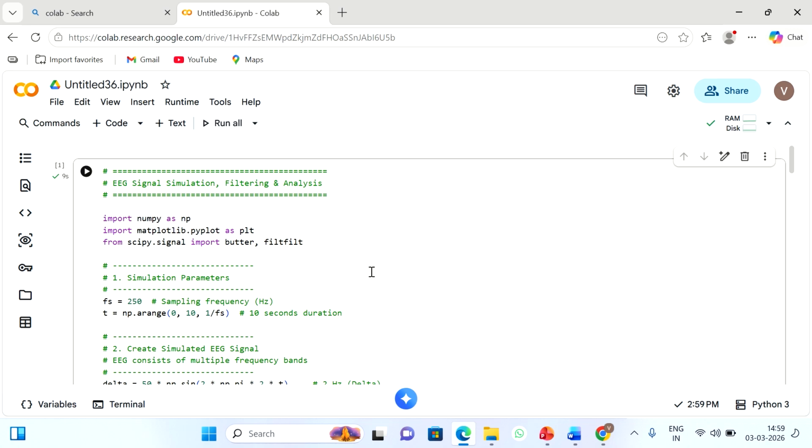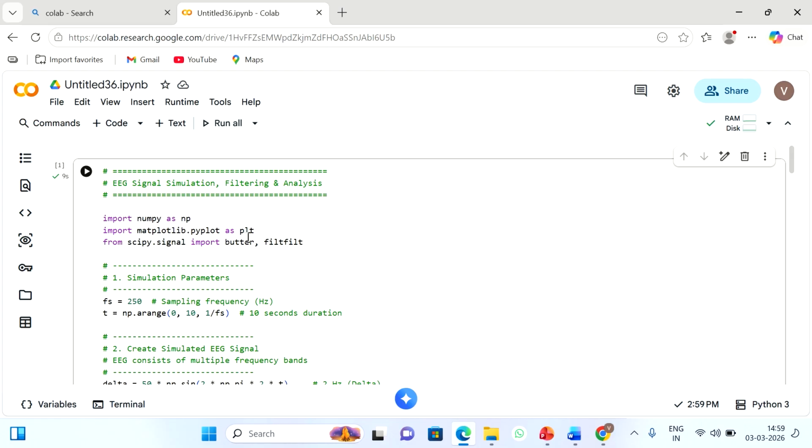First, we have to import the library functions. Import numpy as np. NumPy is a Python library, so the library functions are imported. Then import matplotlib.pyplot as plt.